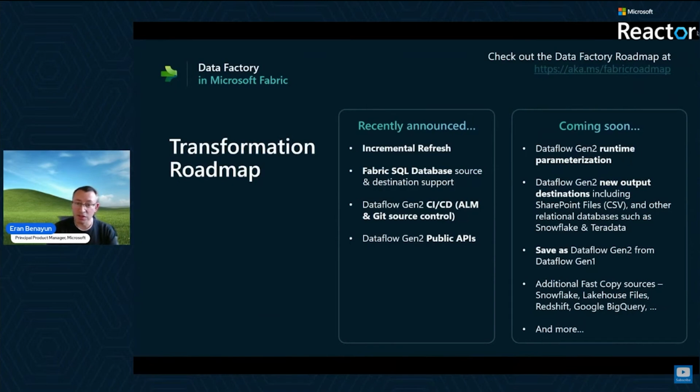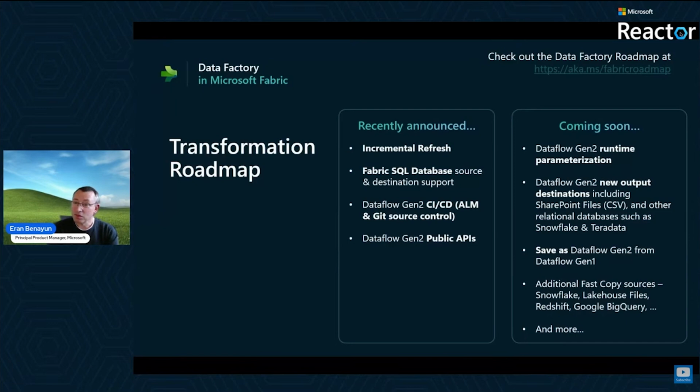Dataflows Gen2 CI/CD, including the application lifecycle management or ALM and Git source control capabilities, is also now available in public preview. You can try it out. Just create a new Dataflow Gen2, and you should see a new checkbox that will allow you to opt in to the CI/CD-enabled Dataflows Gen2 capabilities. Public API support to create, update, delete, and overall management of your Dataflows Gen2 artifact programmatically was also recently announced as public preview.